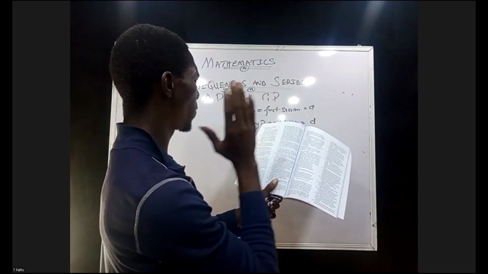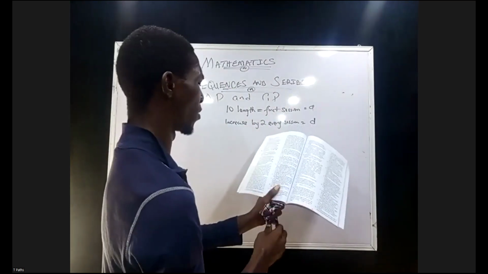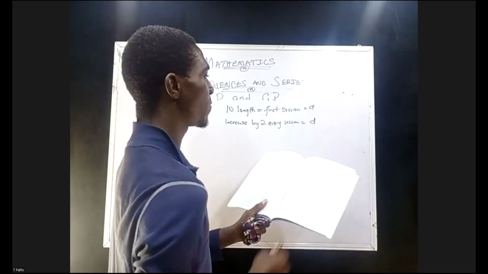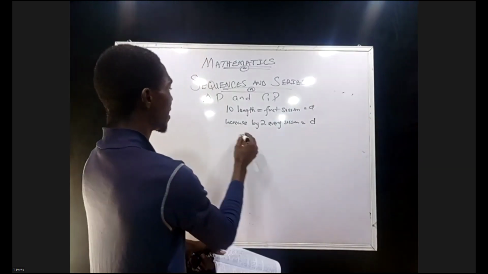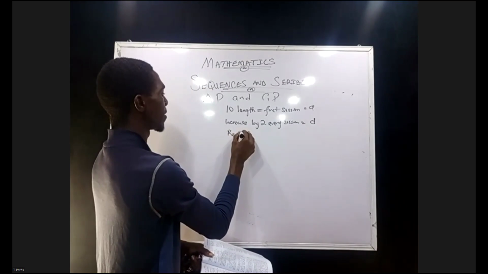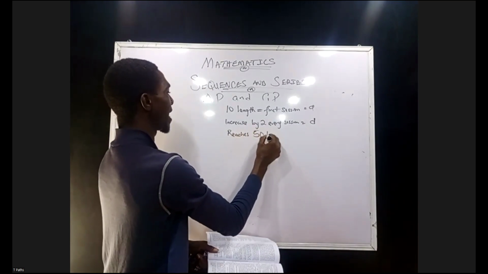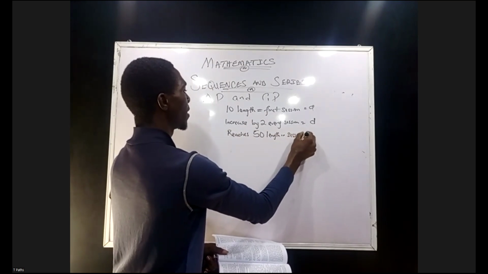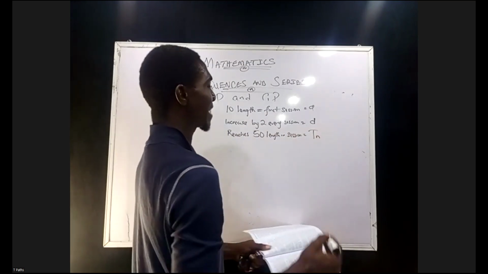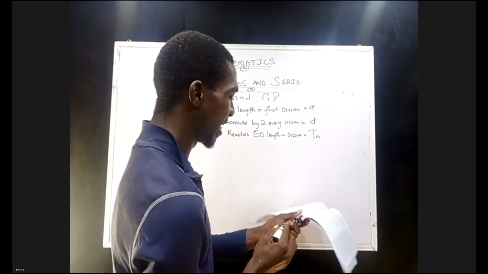Then the next sentence says what? When she reaches 50 lengths in a session, that means that is the extent she can go. That tells me what? It is the end term of that AP, isn't it?